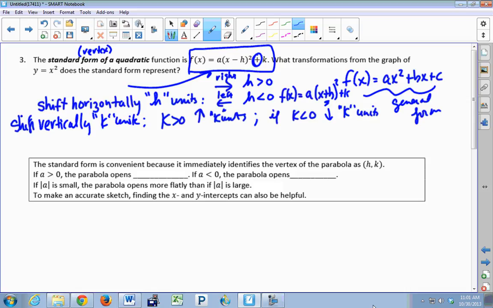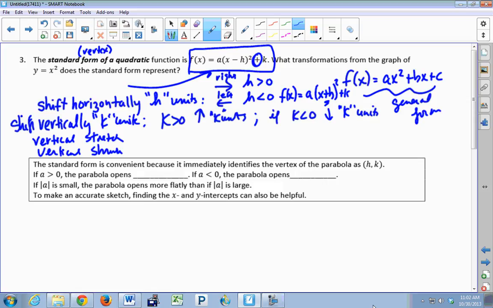That's got a few more situations. So what's a going to do? Generally, what will a do? Any value of a there is going to do what type of thing? Right. So we're going to have a vertical stretch or a vertical shrink, and that depends on the value for a.